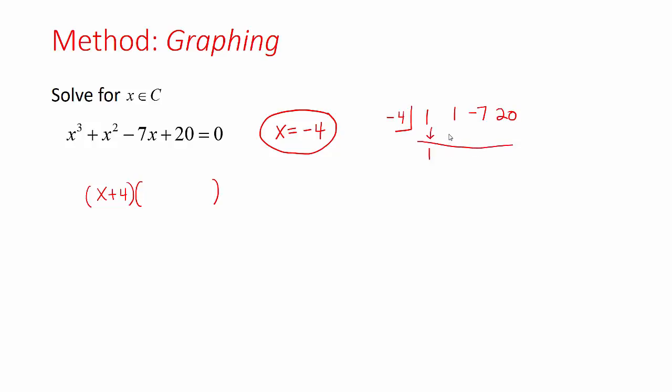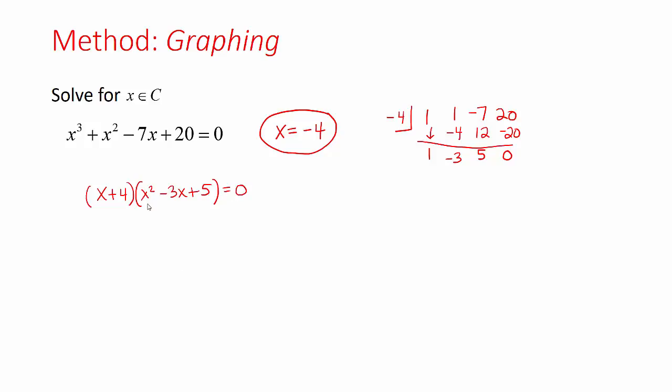Bring in that 1, multiply, we get negative 4. Now I'm going to add these to get negative 3. Multiply these to get 12, add these to get 5, multiply these to get negative 20, and perfect, my remainder is 0, which means that x plus 4 was a factor, leaving the other factor to be x squared minus 3x plus 5. Beautiful.